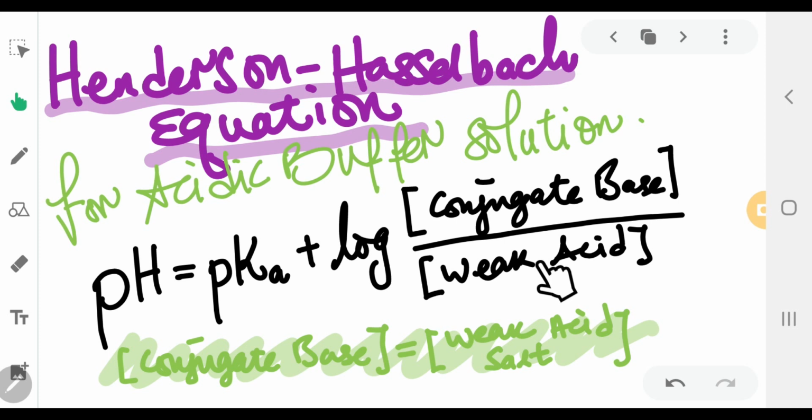Do remember that the concentration of the conjugate base is the same as the concentration of the weak acid salt. So to find the concentration of the conjugate base, you can simply get it from the concentration of the given weak acid salt.